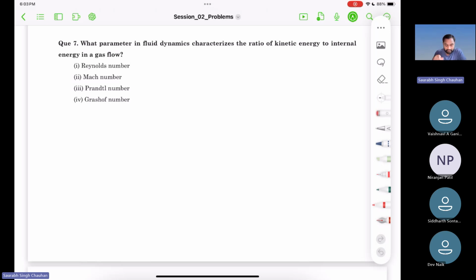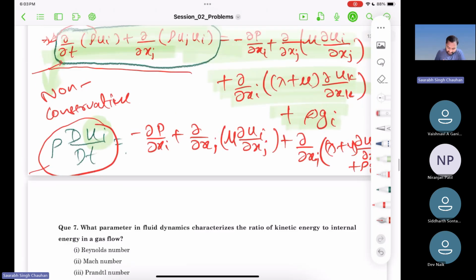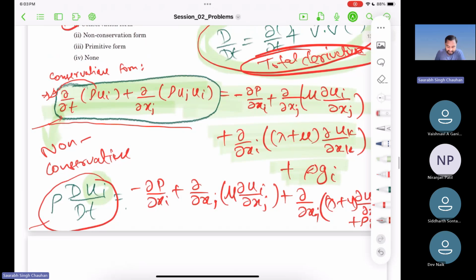Why? Because whenever you have an equation, for example the Navier-Stokes equation or the momentum conservation equation in any form, what we do before doing further analysis is we non-dimensionalize these equations. And when you non-dimensionalize any equation, you get some non-dimensional numbers.